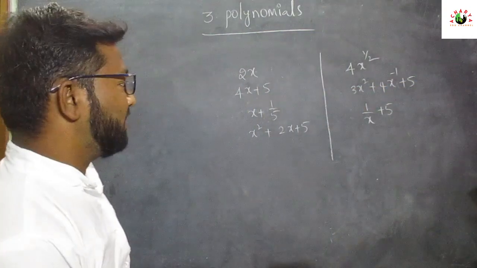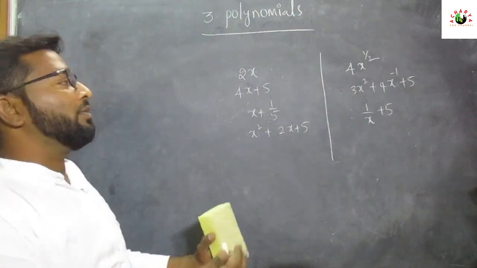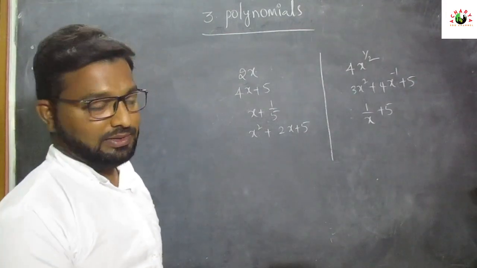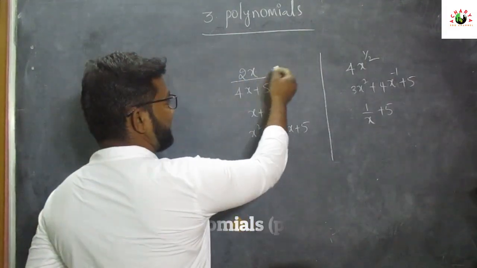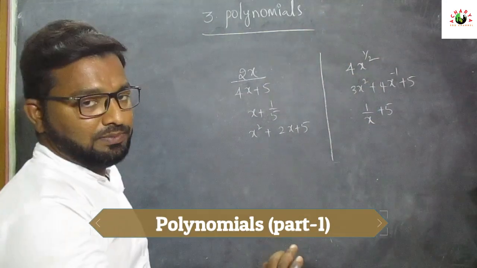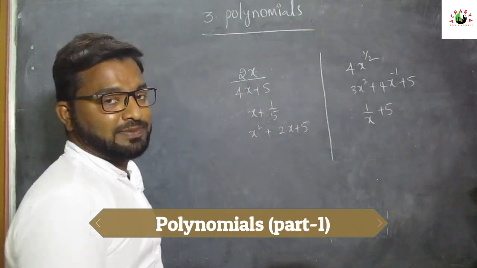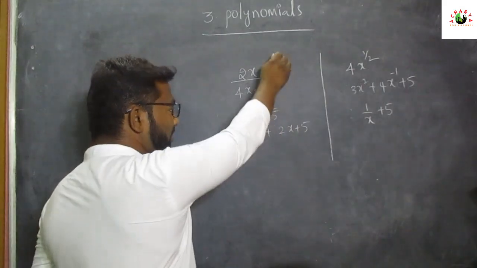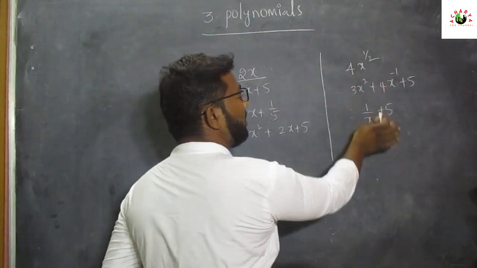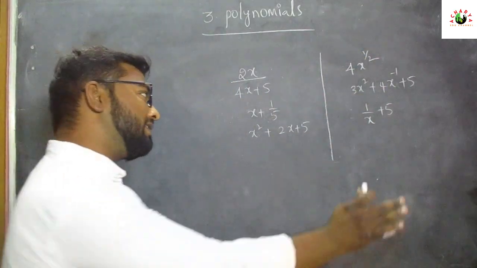Just observe which is a polynomial and which is not. Here 2x, these are all algebraic expressions, we know, but not all of them are polynomials.